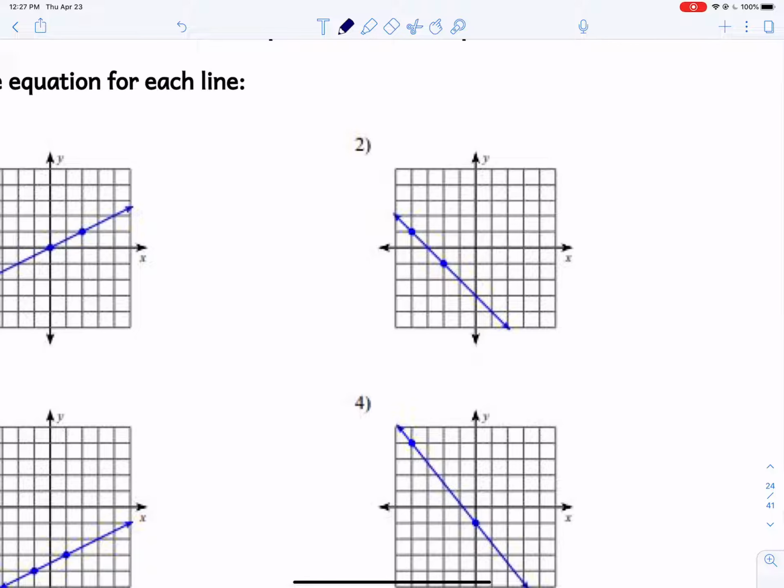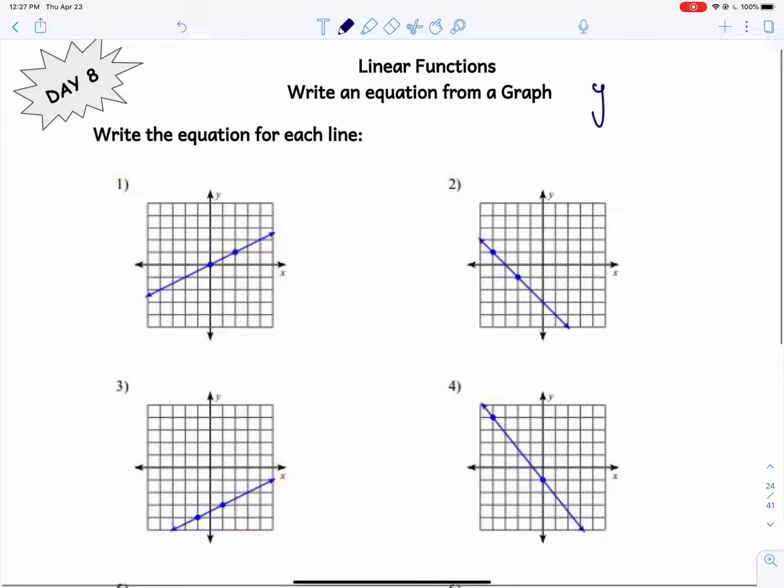Okay, so again, we want our lines to be in slope-intercept form. So we need these 2 numbers. We need the y-intercept and we need the slope. So the y-intercept for this one is here, so I'm going to figure out what number that is. It's 1, 2, 3, -3, so b equals -3. Slope is rise over run, so choose 2 points. They give us 2 points, and then go from left to right.